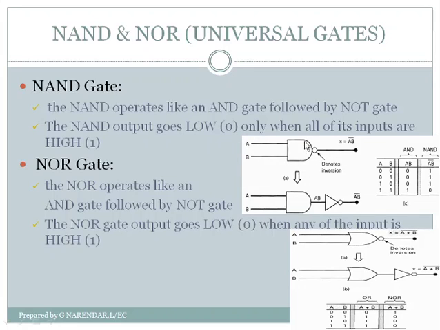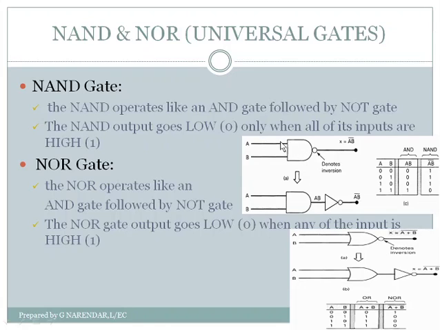We can compare this logic symbol with that of the AND gate. You can see that there is an extra small circle attached to the usual symbol of the AND gate, placed after the AND gate symbol.